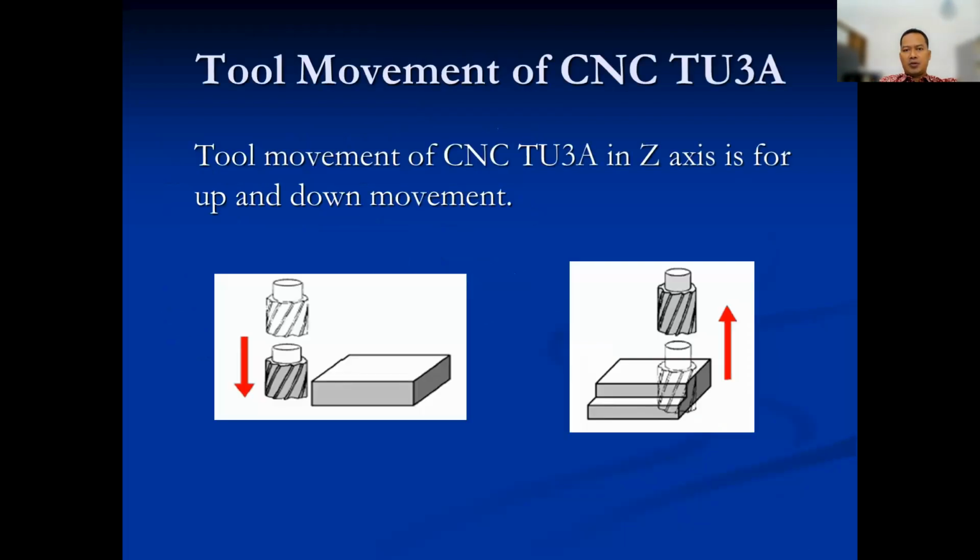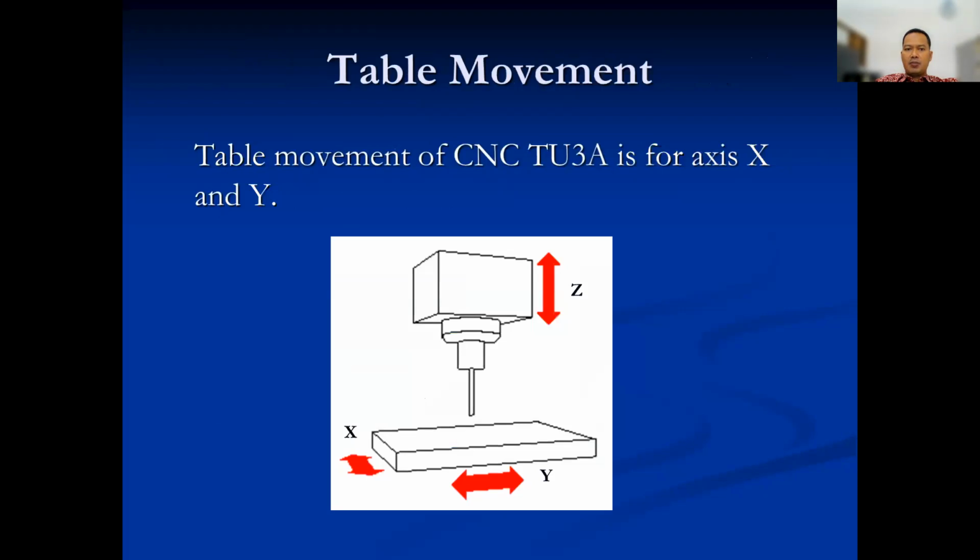And the tool movement of CNC TU3A, for example, the Z axis is for up and down movement. This is for tool movement. And then table movement for the CNC TU3A is for the X and Y axes. So in the figure, you can see we have X, Y, and Z. Z is vertical movement, and X and Y are table movement.